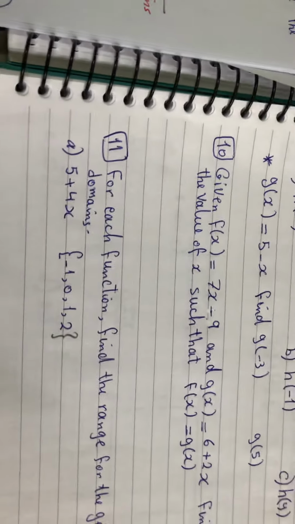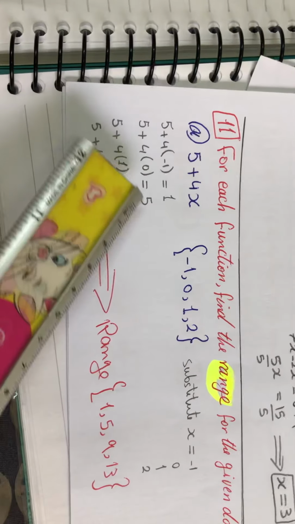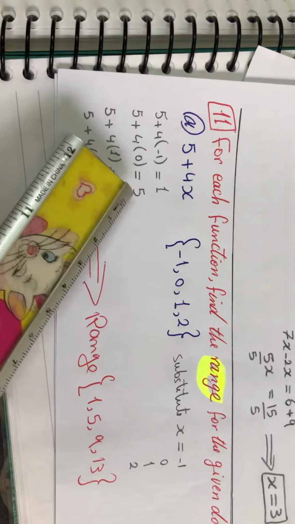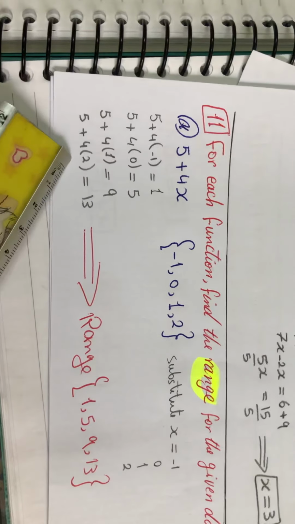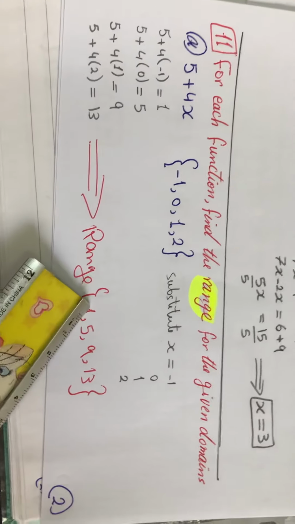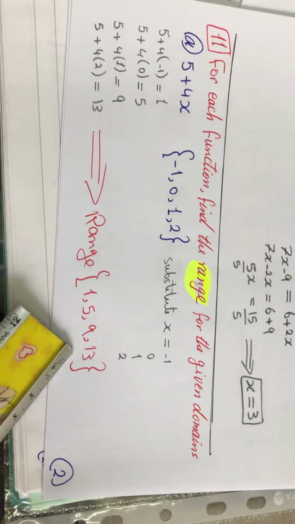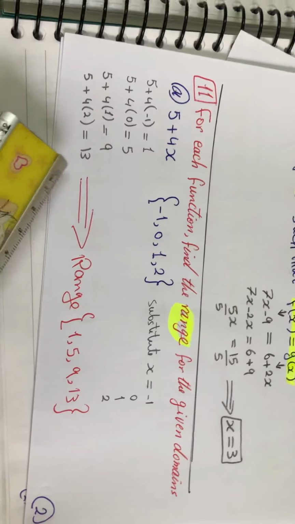It will be the range, like this. And the answer 1, 5, 9, 13 is the range. Put them between curly brackets: 1, 5, 9, 13. Don't cancel any number. You have to write all of them.